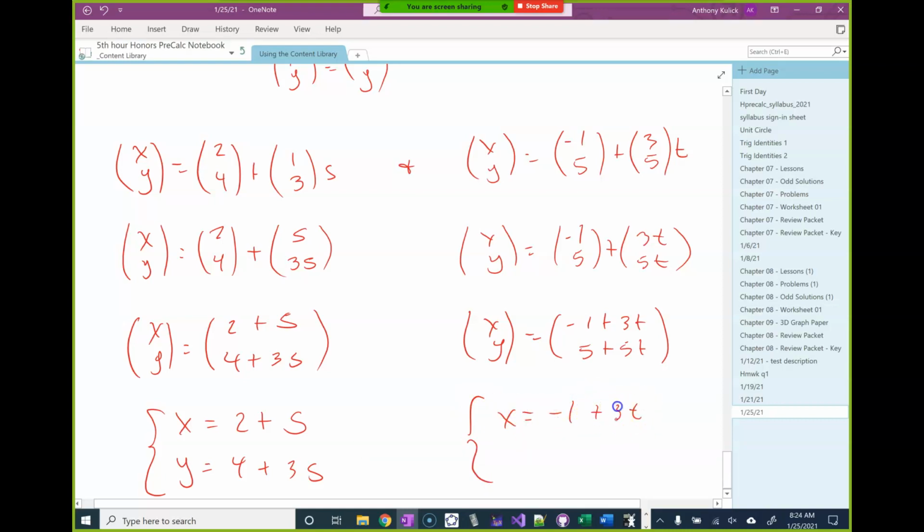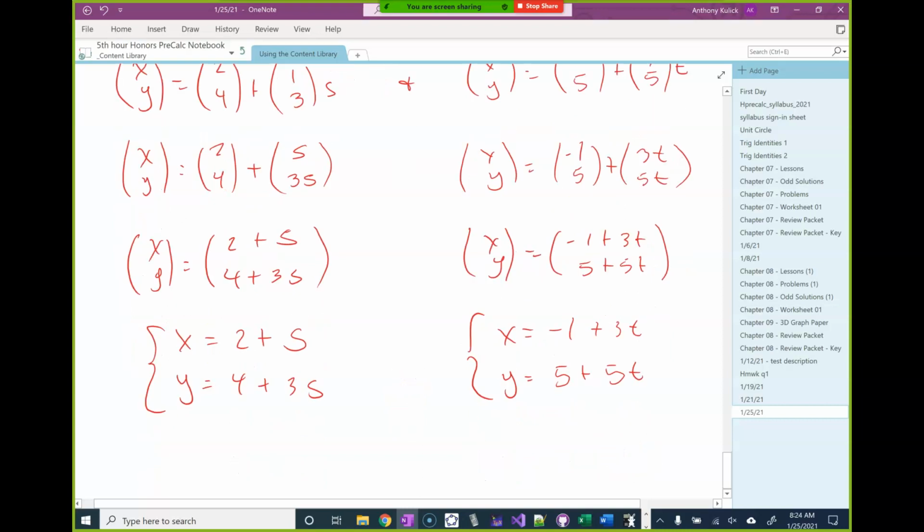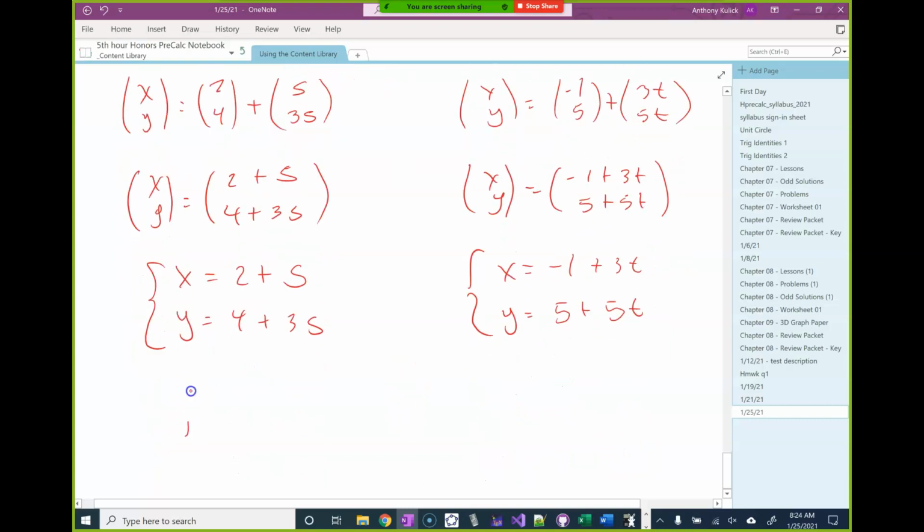So I can rewrite this then as two systems, where I can take the x's and put them together in the same system. And I can take the y's and put them together in the same system.